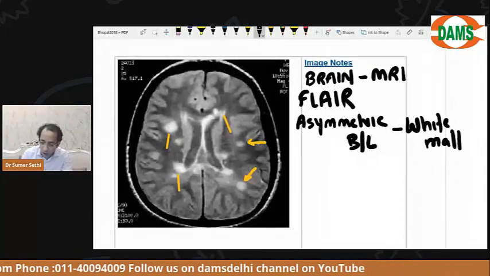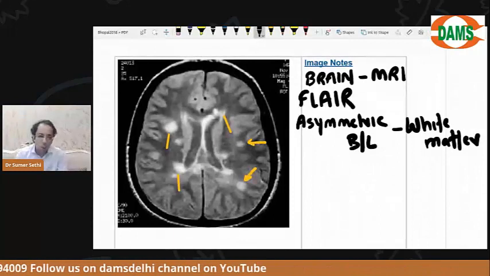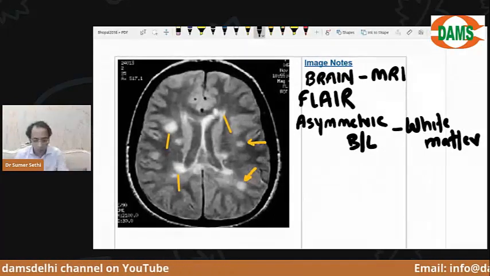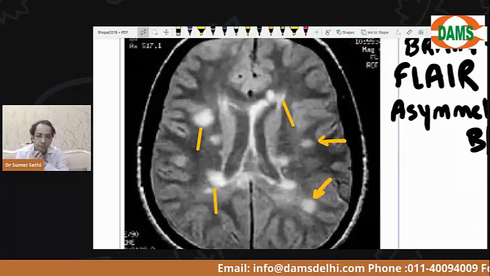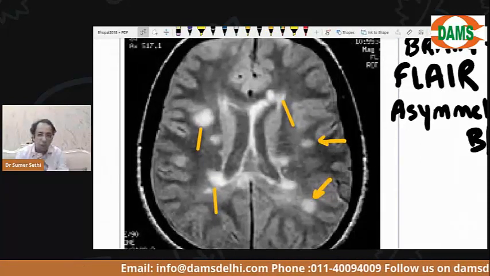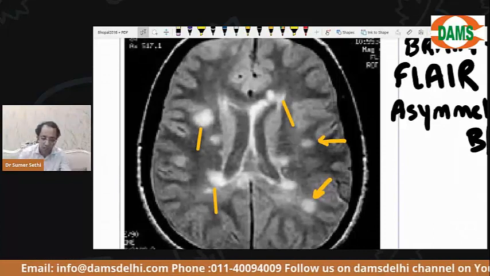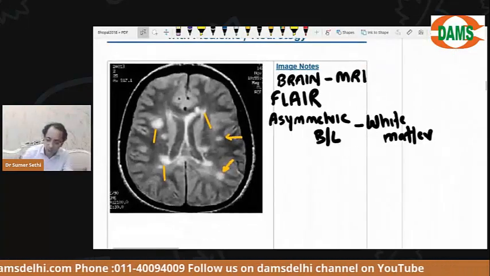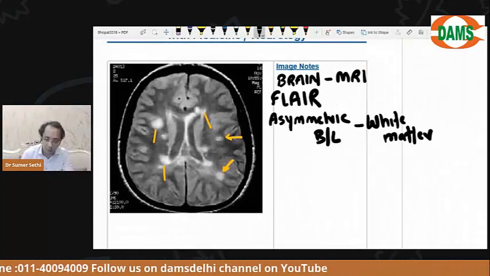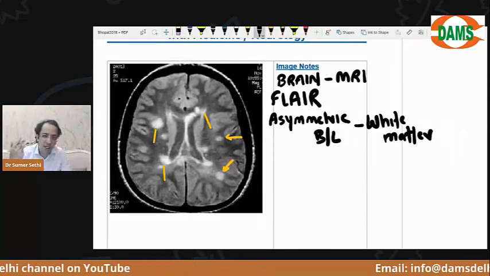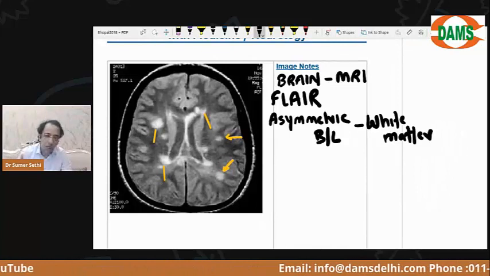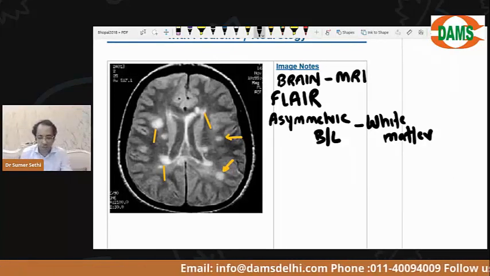The disease is appearing brighter than the normal myelinated white matter, which should be dark. Remember, on a FLAIR image, the white matter should be dark. The disease is bright. So there is some problem in the white matter, and the white matter is myelin. Myelinated tissue has some problem, and there is asymmetric bilateral involvement.